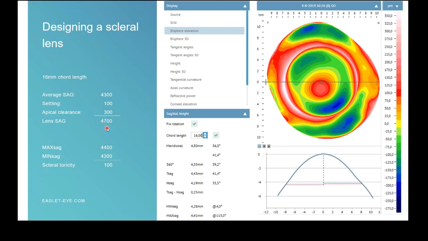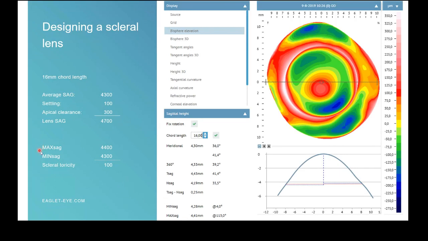I also have to include the toricity for the landing zone. While we know that 80% of the lenses should have a certain amount of toricity, I especially took an example with a low amount of toricity.